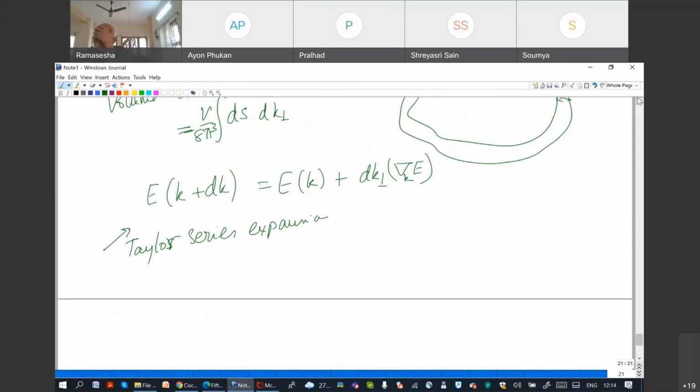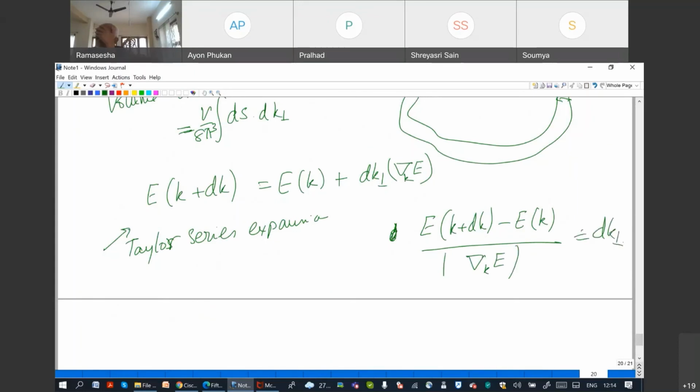So E of k plus dk minus E of k divided by grad k E is equal to dk perpendicular.